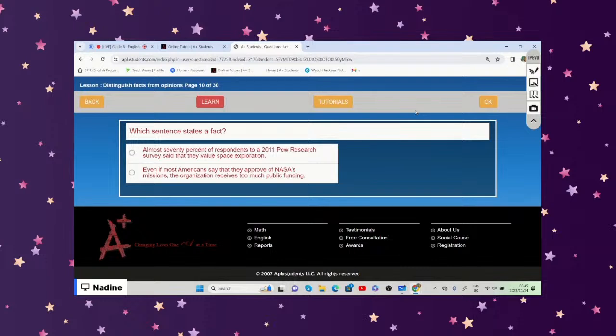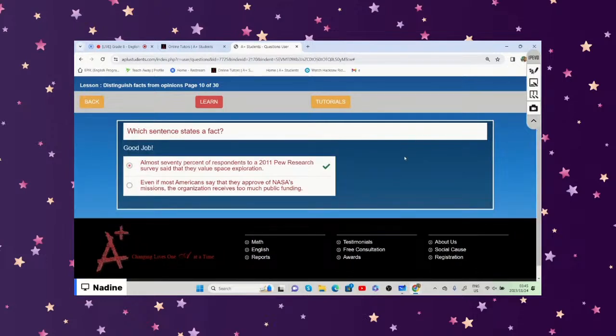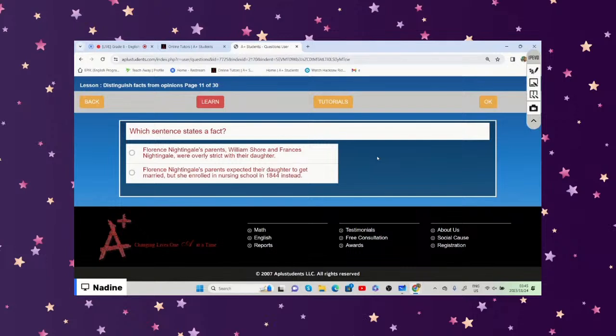If we choose the correct one, we can say almost 70% of the respondents to a 2011 Pew Research survey said that they value space exploration, right? So those are all facts.